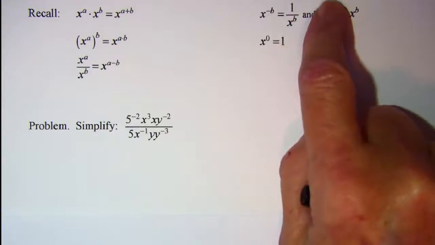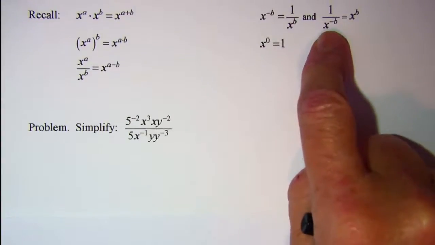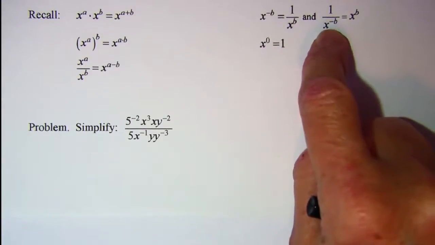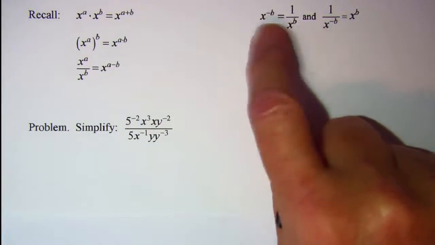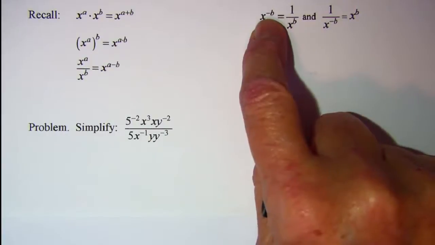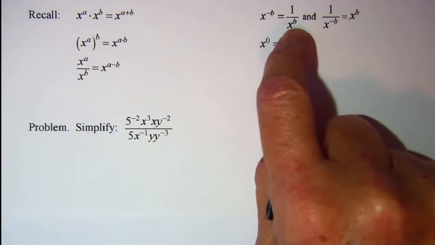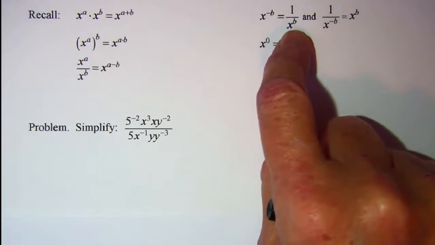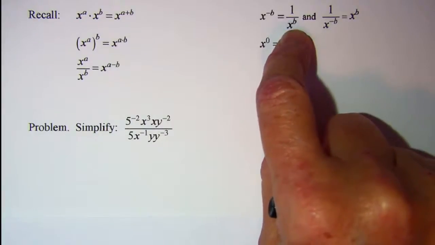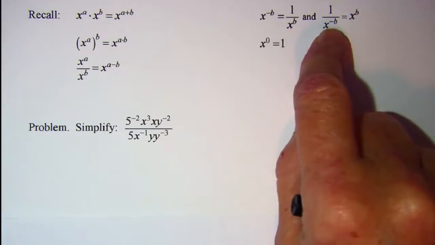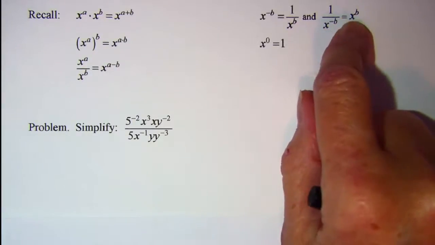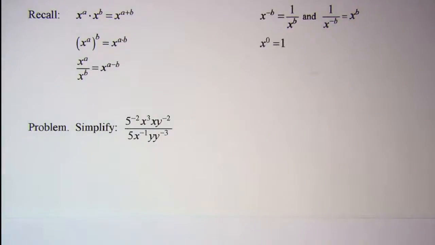Or if it's 1 over x to the negative b, then I can write that as just x to the b. So basically, if it's in the numerator with a negative exponent, you can bring it down to the denominator and make it a positive exponent. Or if it's in the denominator, you can bring it up into the numerator and make the exponent positive.